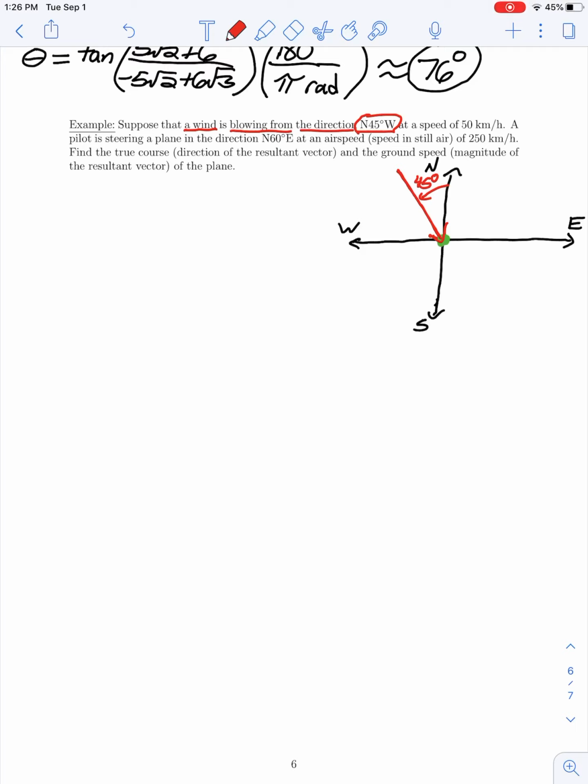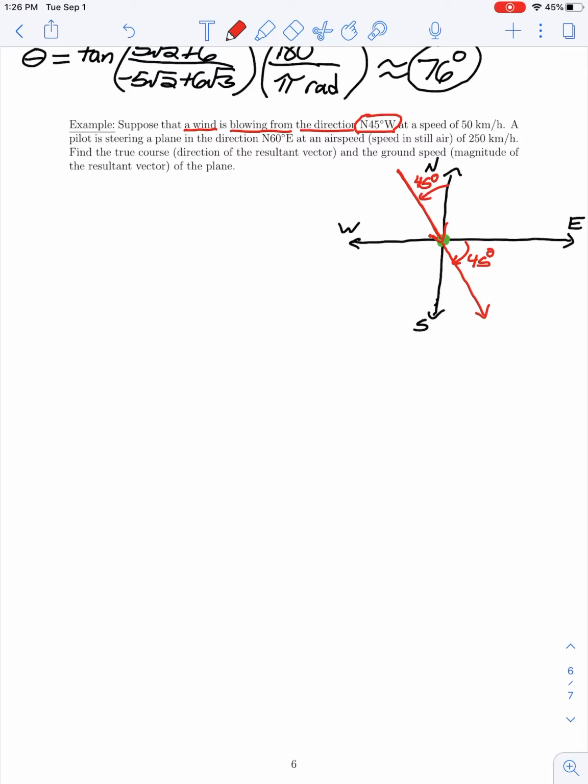So another representation of this wind velocity vector would be to take its position vector, the vector whose initial point is at the origin, and it's acting here. Well, we would have this complementary angle of 45 degrees downward from our positive x-axis.